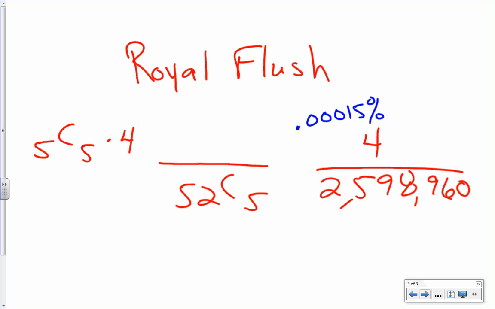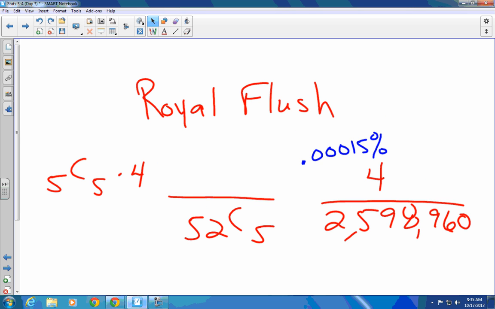But remember, just because you got dealt 2.5 million hands doesn't mean you got 4 royal flushes. Okay? That's the probability of getting it dealt to you. And that's assuming no wild, no drawing, it's just you got it. Okay? So not very probable. See, you ask questions, and I think about them.